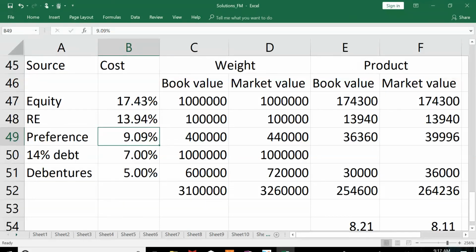Any doubts on this? Anybody has any doubts on this? Can we proceed? KP equal to copy paste. KP equal to whatever was there earlier. KP equal to 9.09.